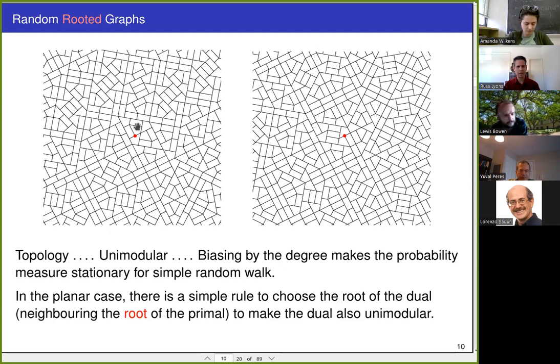In fact, it will be in a face that has this root on its boundary. That will make the dual graph unimodular as well. And that means that the theory of unimodular random rooted graphs, which is a fairly extensive theory by now, can use results about dual graphs in a nice way.